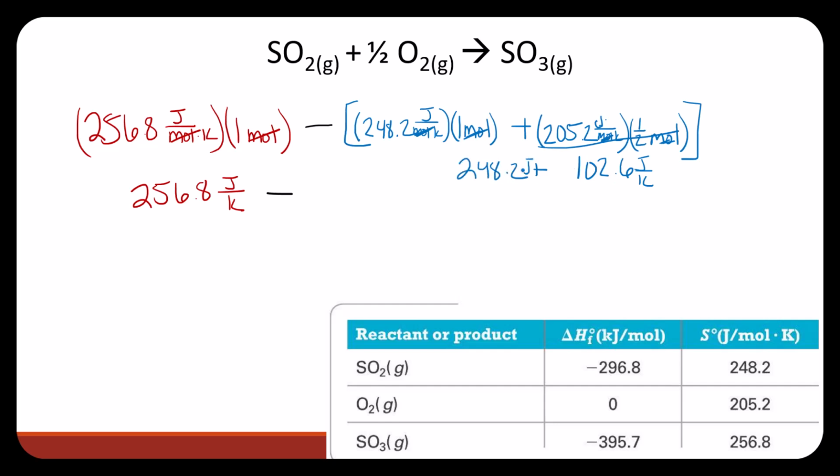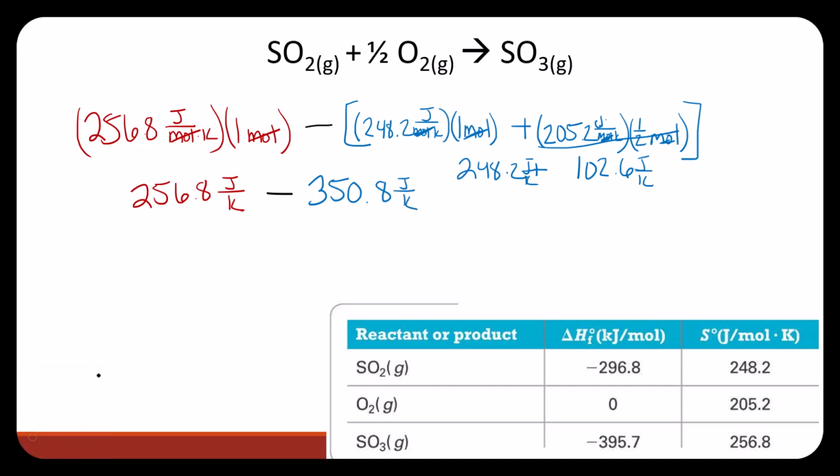And now I'm going to add those two values together. So 248.2 plus 102.6 equals, so the reactant side of this is 350.8, and that is joules over Kelvin.